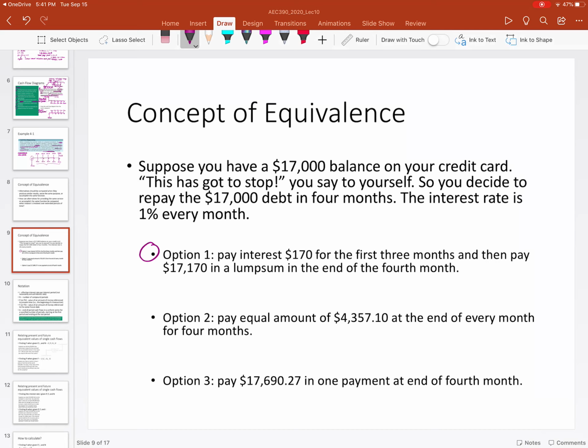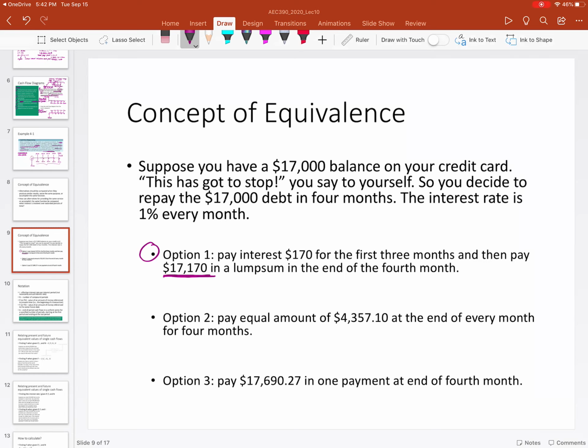So the first option is you pay the interest of $170 for the first 3 months, and then you pay a lump sum of $17,170 at the end of the 4th month. Right now you don't have to worry about how you figure out these numbers, but you just need to know that by doing this, at the end of the 4th month the debt will be paid off.